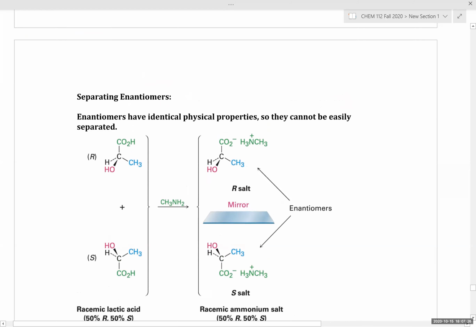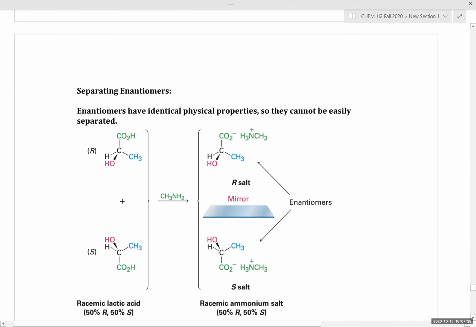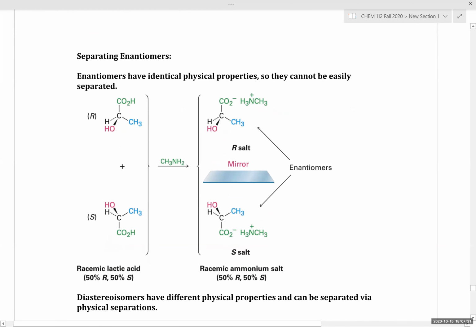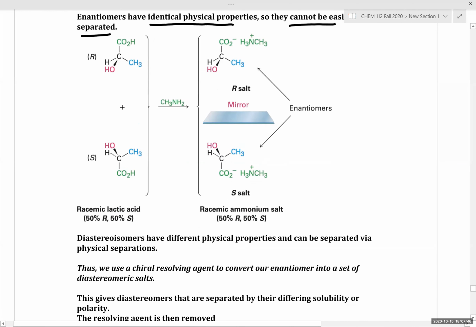Let's talk briefly about how we separate enantiomers. Well, there's a bit of an issue with enantiomers in that enantiomers have identical physical properties, so they cannot be easily separated. However, there's a trick to this.